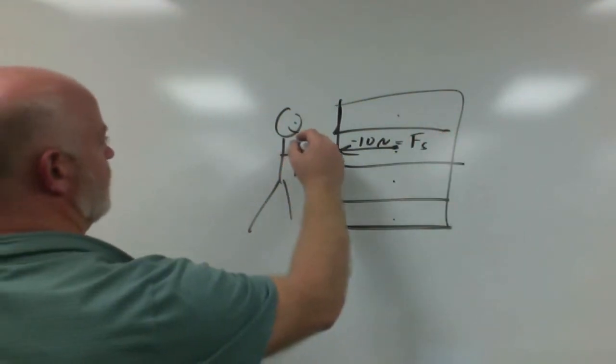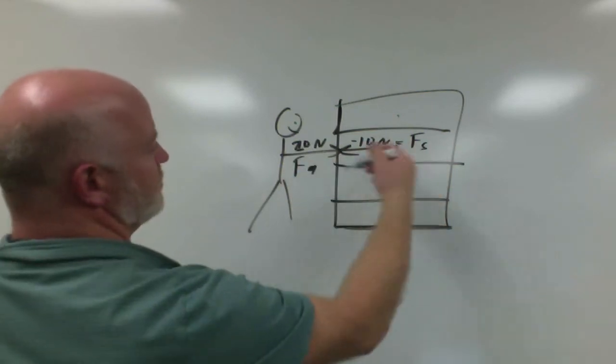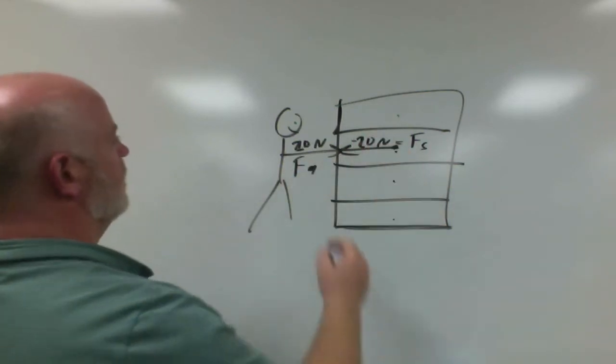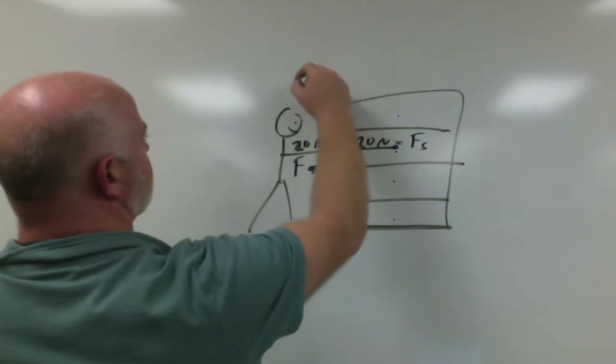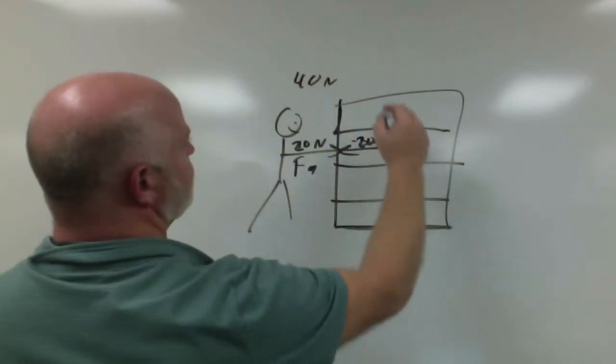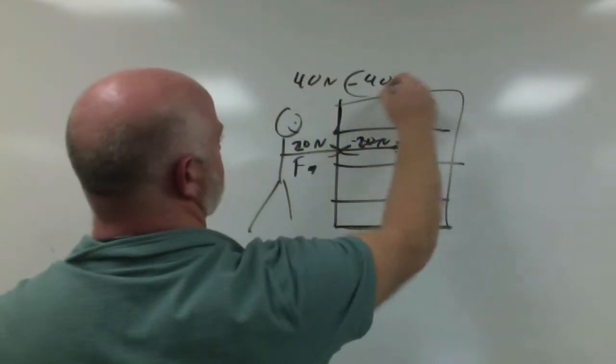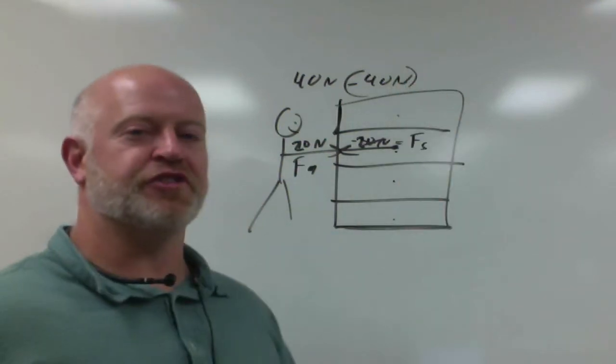Now, if I apply 20 newtons and it still doesn't move, now it goes to 20. If I apply 40 newtons and it still doesn't move, now it's 40 newtons of static friction. So static friction can grow with how much force you are applying.